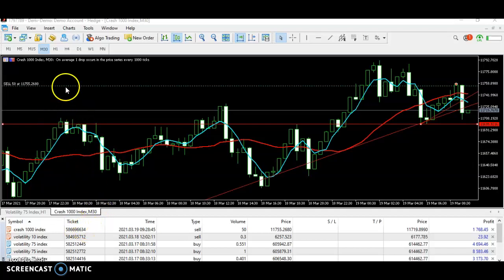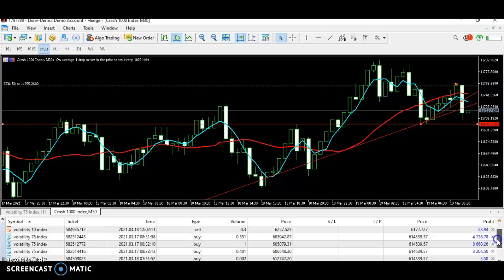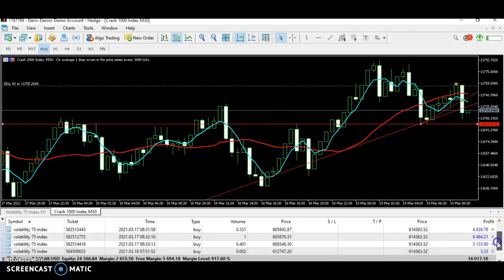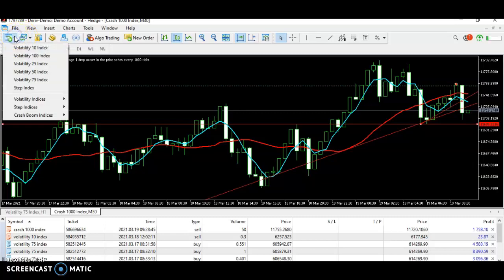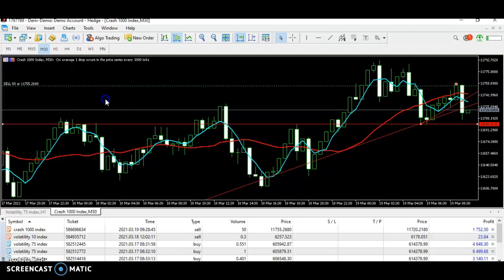Today I'm going to show you a lot of things, from volatility to cash, anything that contains the whole of volatility, such as volatility 10, 100, 25, 50, step index, and the rest.